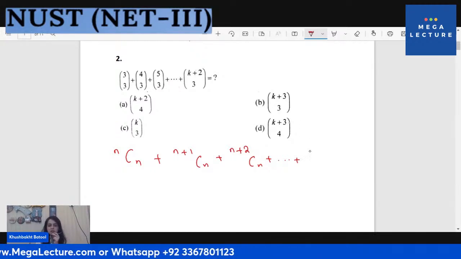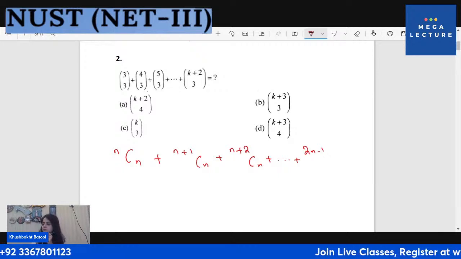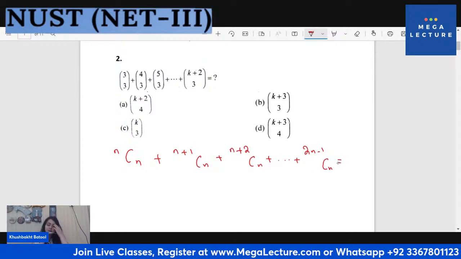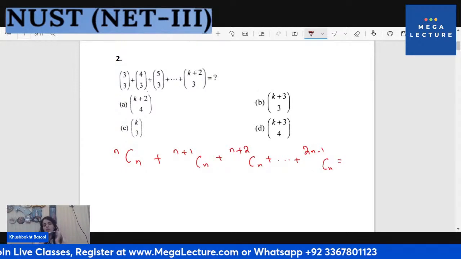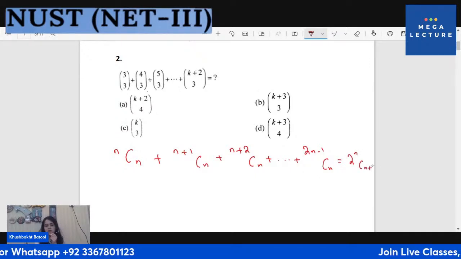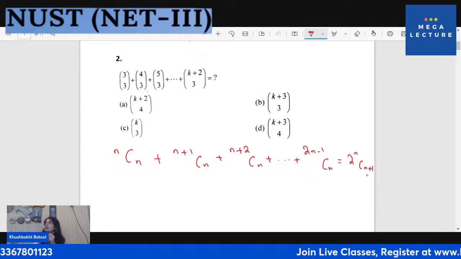So then the last term is 2n minus 1Cn, and this thing is equal to 2nCn plus 1. All right. Okay, this is again a rule.